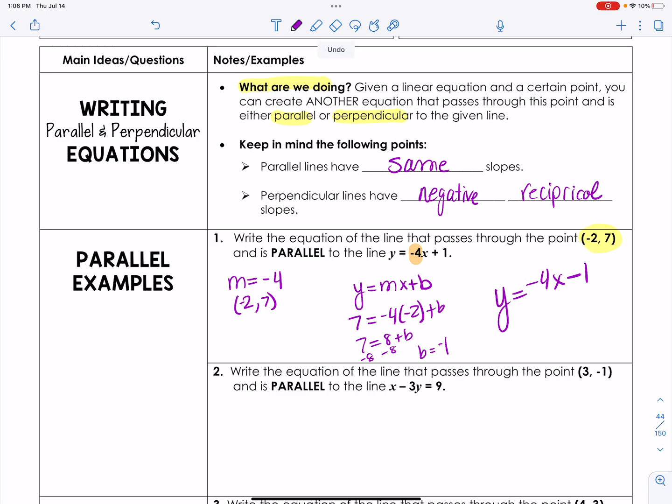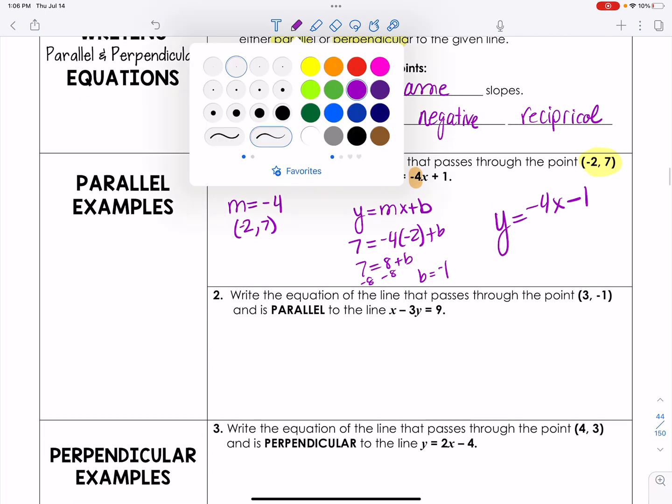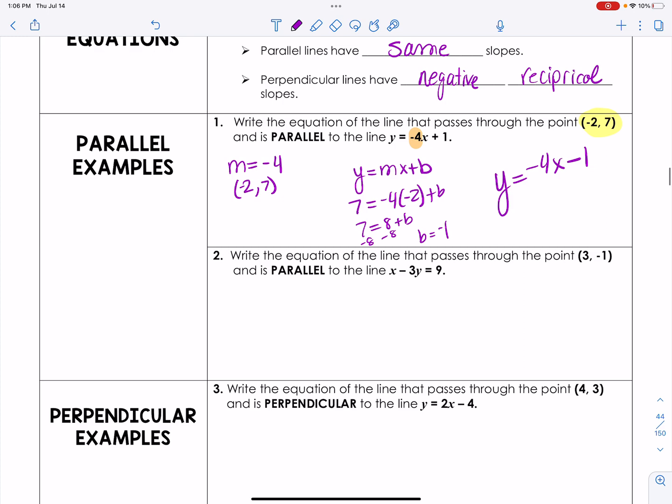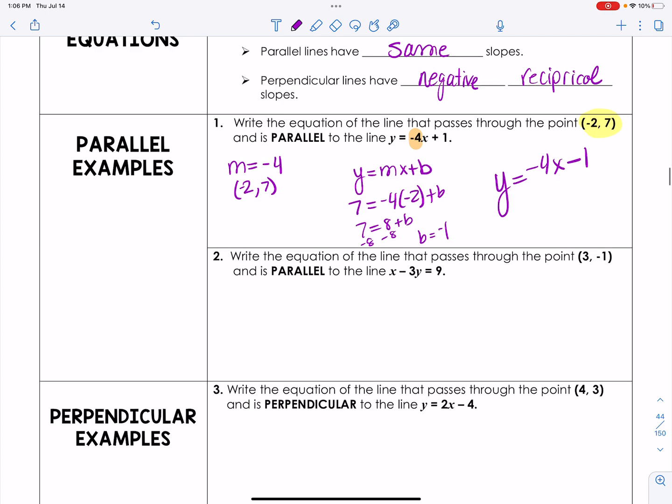Now the problem with example 2 is that I don't know what the slope is. So the first thing you have to do is what we've been doing: solve for y and then divide everything by -3. Now I know what the slope is.